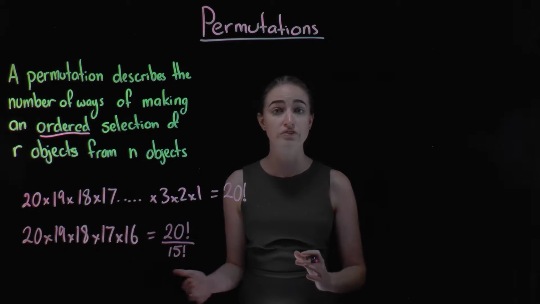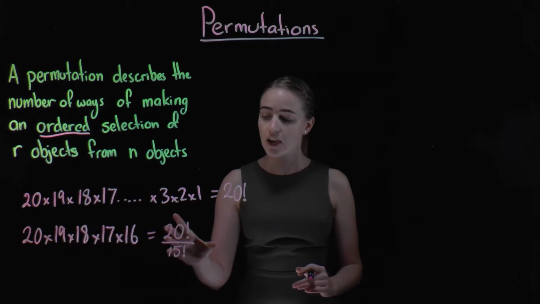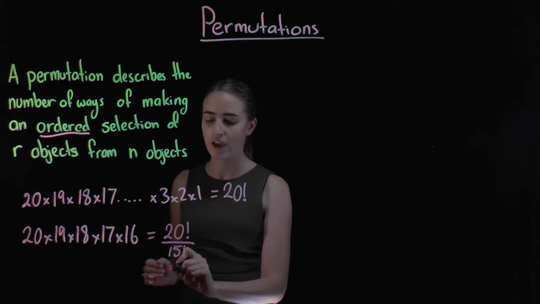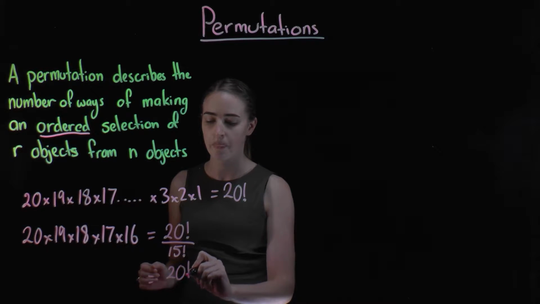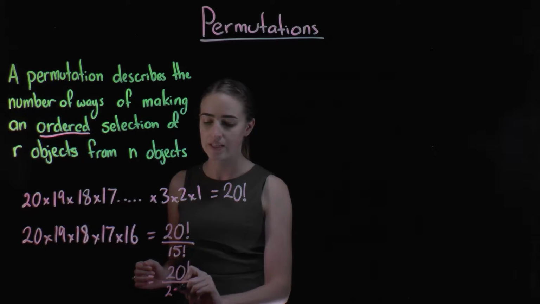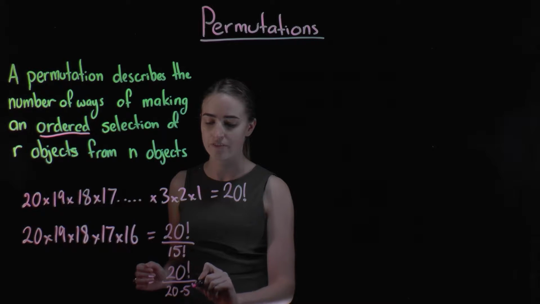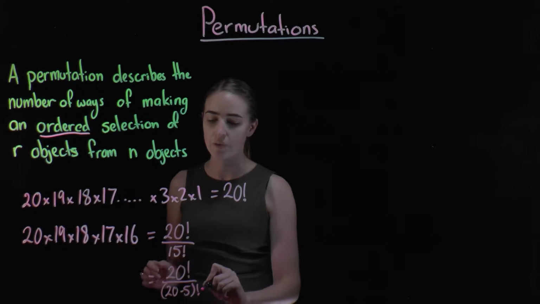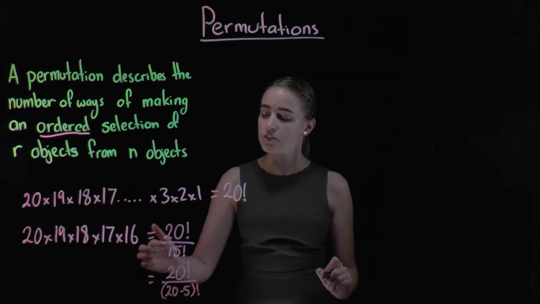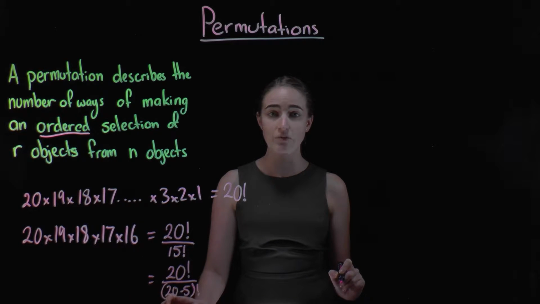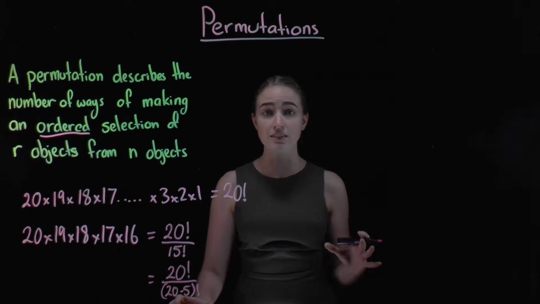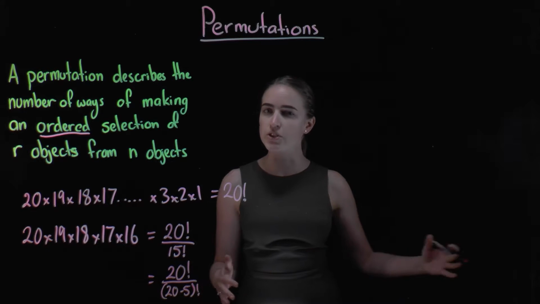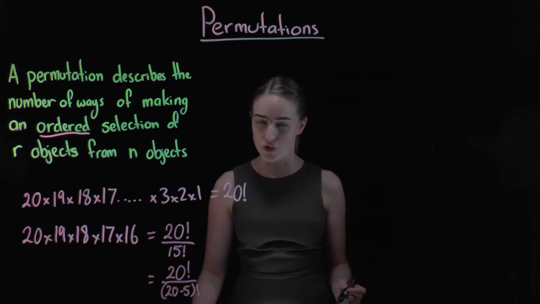So we've only got the first 5 numbers. The other way to think about that is we could have 20 factorial over 20 minus 5 factorial. And that's where our 15 came from. The 20 minus 5 is we started off with 20. We want the first 5 of them because we're arranging 5 objects, but we don't want anything else.